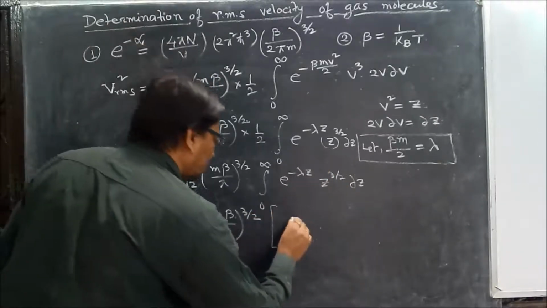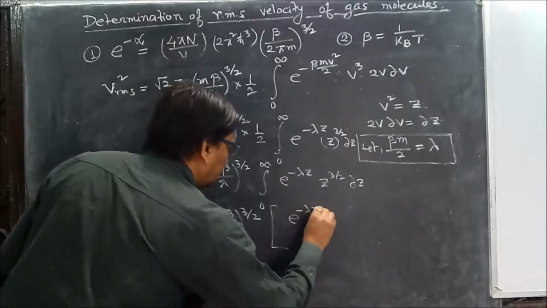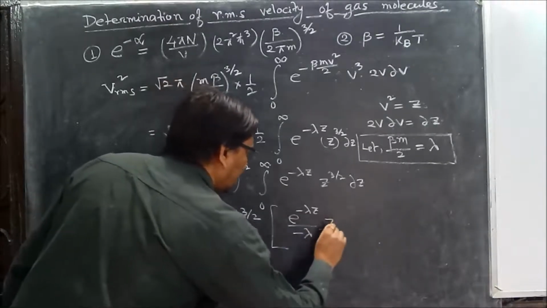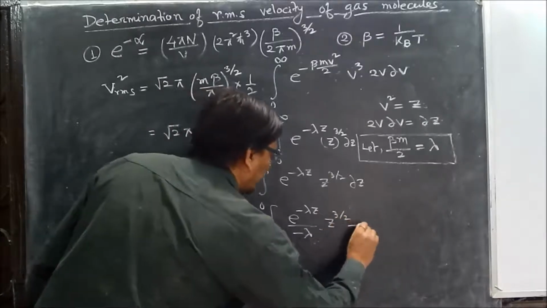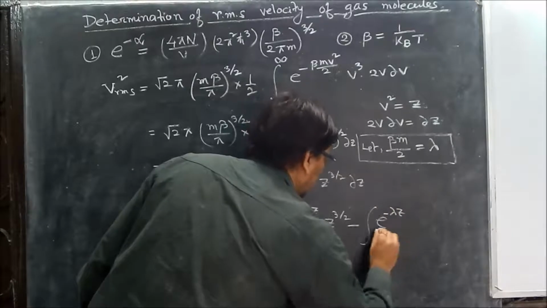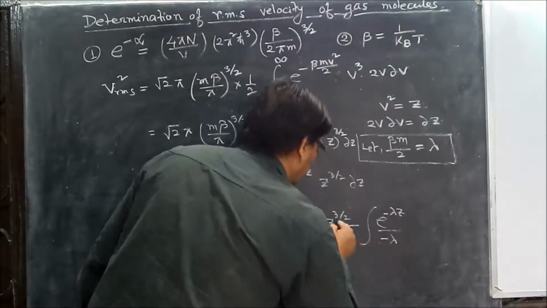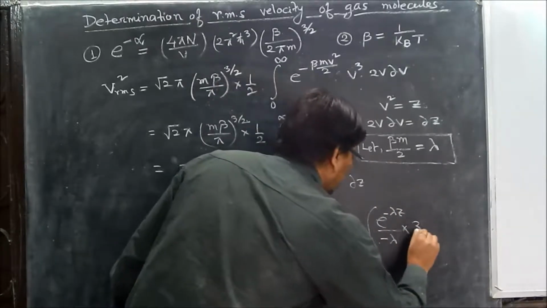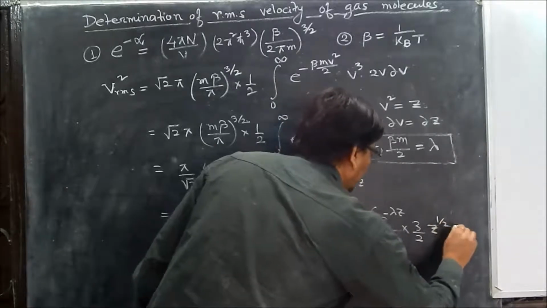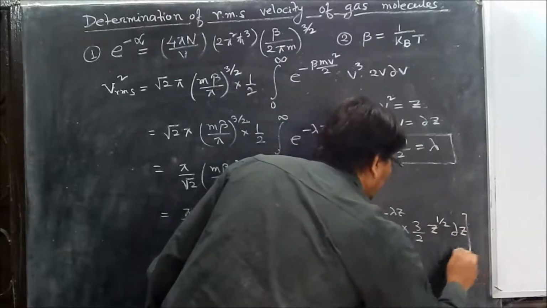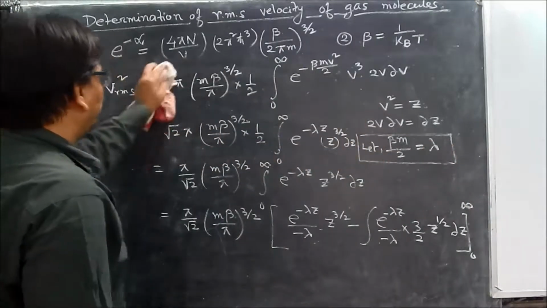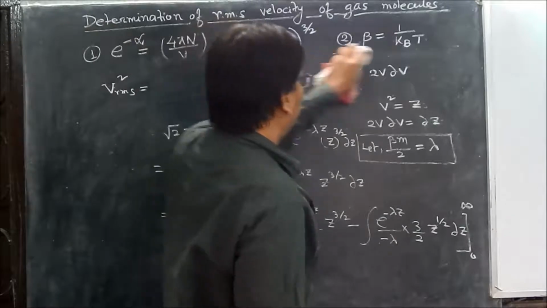The integration of this will be e to the power minus lambda z by minus lambda, and this part will be as it is, minus integration of this part, that is e to the power minus lambda z by minus lambda, and differentiation of this will be 3 by 2, and this will be z to the power half, and then z. This from 0 to infinity.